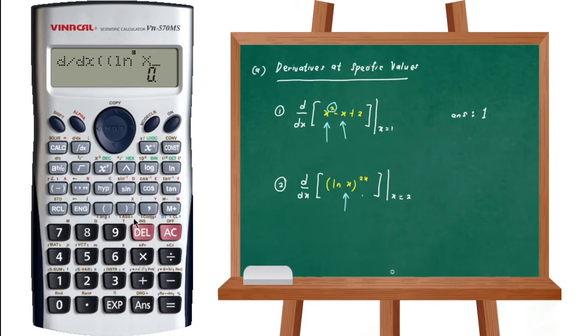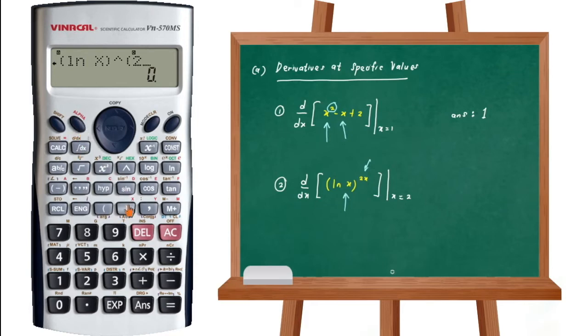Next, close the bracket and then press this button to indicate that we are going to key in the power of the function. The power of this function is 2x, so we need to include this 2x inside the bracket as well. So we press this open bracket button and then followed by number 2, and then press alpha.